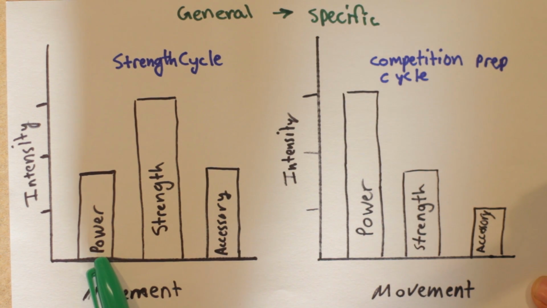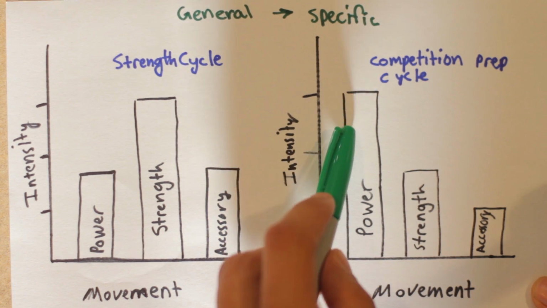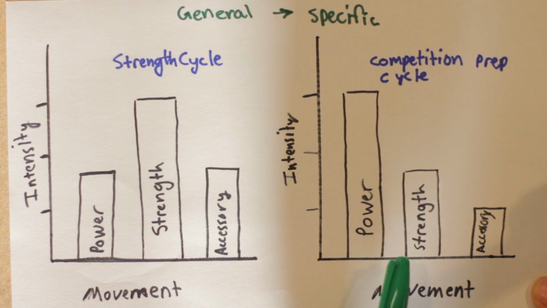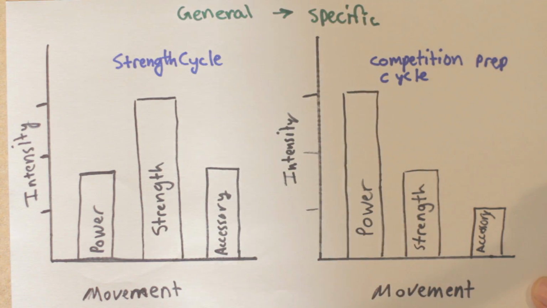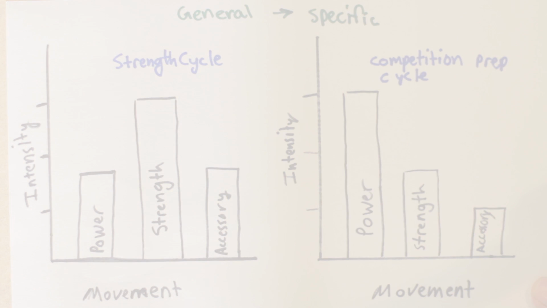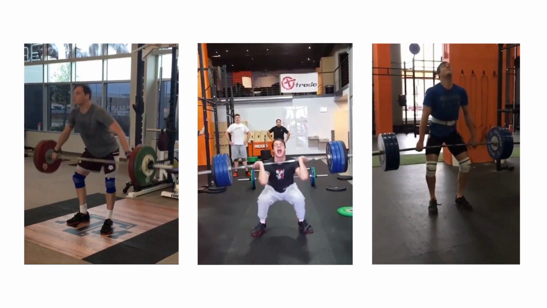Even though I'm going to keep the same template, the intensity can switch. I can now move the intensity up to my clean and jerk and snatch work, and I can take it down on my strength work or accessory work. This brings us back to the point I brought up earlier, that you always have to be tweaking, modifying, and improving your program.